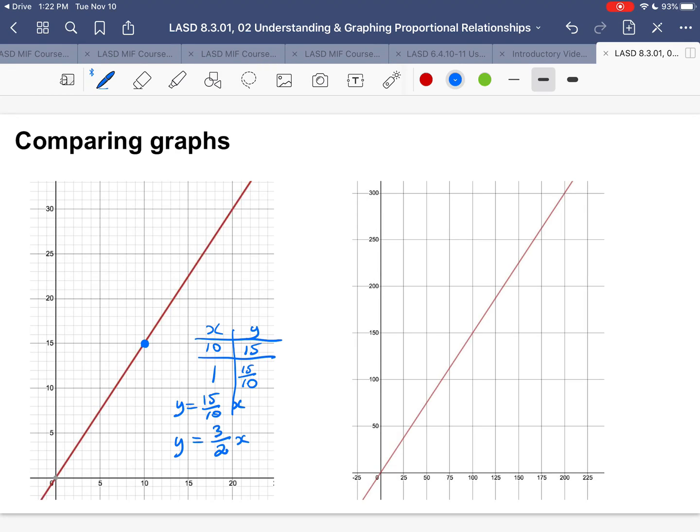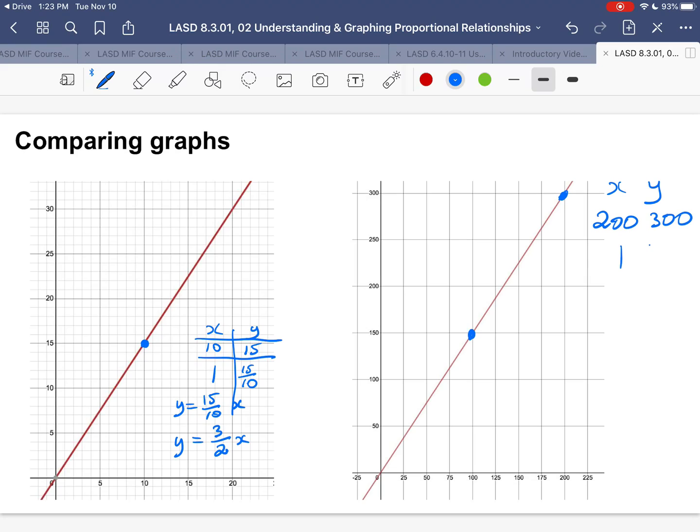Now on the graph on the right hand side, I want to pick a nice point. So I've got one here and I've got one here. So again, I can set up my x and y in my table. I'm going to pick the top one. X is 200, y is 300. If x is 1, I divide 200 by 200 to get 1.